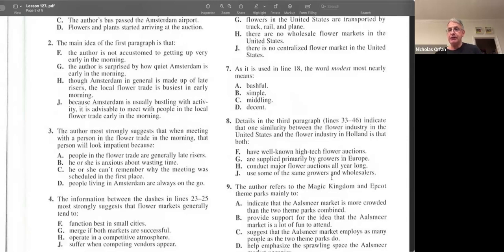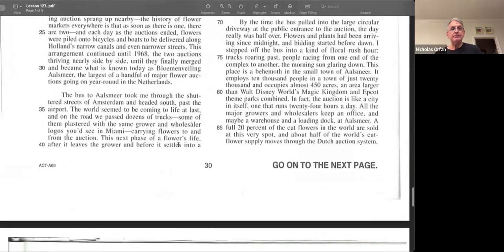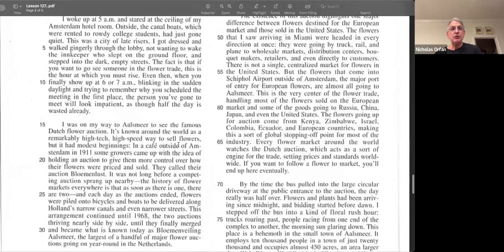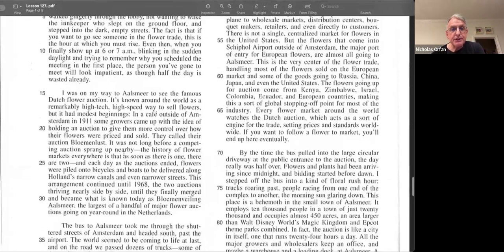And the reason this is the right answer, growers and wholesalers, is because when she talks about driving, she says that you can see some of the same growers and wholesalers that you would see in Miami. I'm trying to find out where it is.